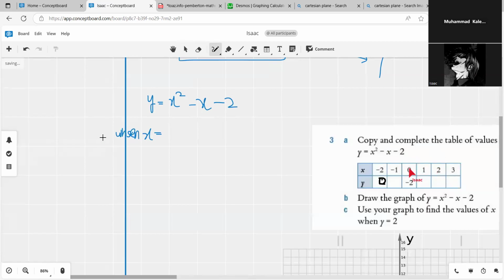It's harder to do this without a Casio calculator. Okay. Yeah, you can use it.